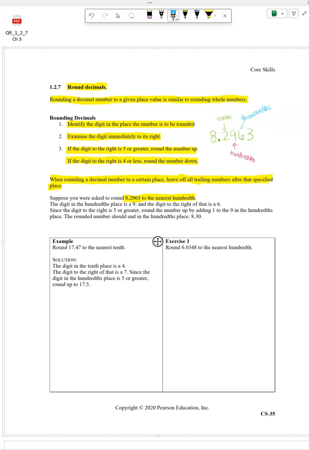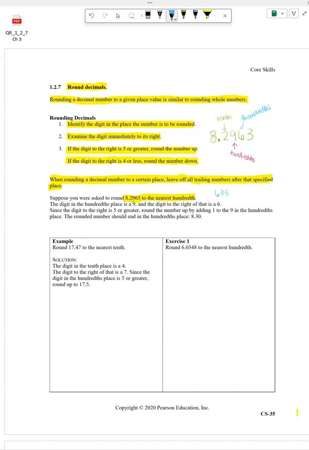Okay. So back to the lesson. The digit in the hundredths place is the 9. So since that's what we're rounding to, we want to look one past it, which is the 6. Now 6 is greater than or equal to 5, right? So since 6 is bigger than 5, we would round this up. Since we round up that 9, we go to a 10.